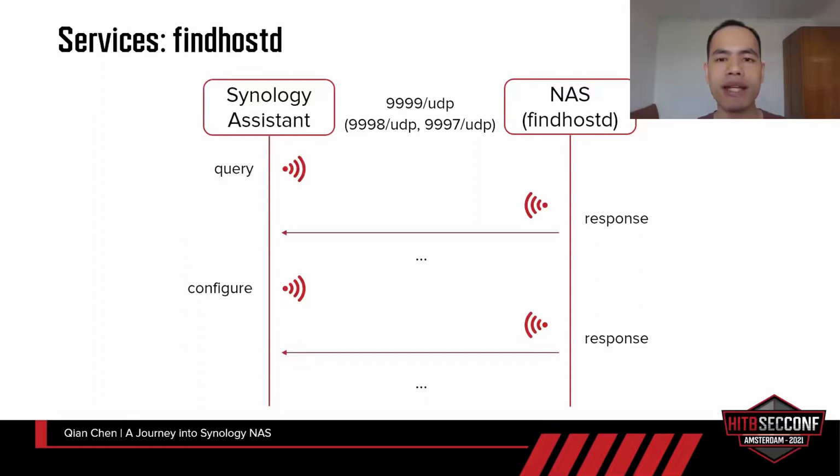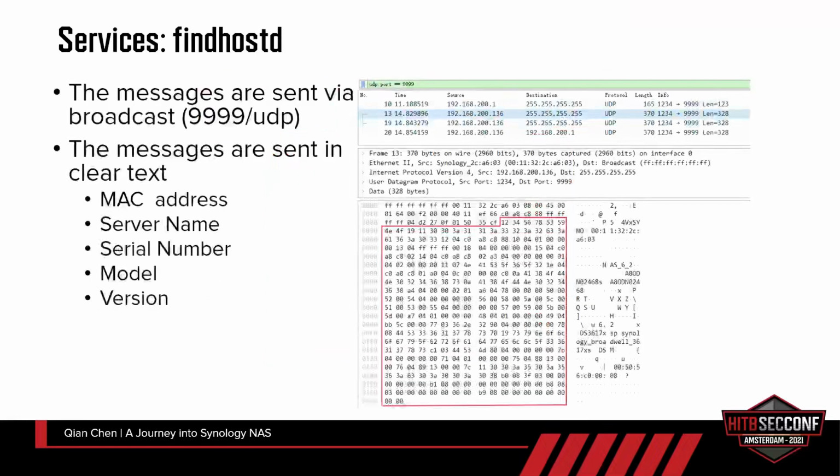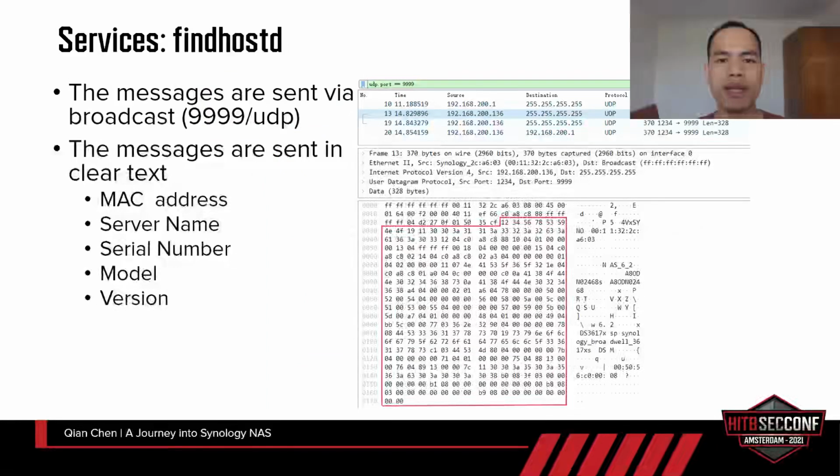Similarly, findhostd sends both a broadcast and a unicast packet as a response. Here are some packets captured during installation. As mentioned before, the messages are sent via broadcast. Also, they are clear text, so we can see information such as MAC address, server name, serial number, model, and so on.